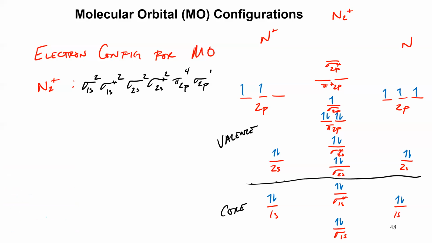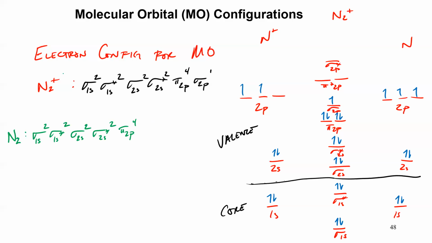Now, if I wanted to do just N2, the only thing that changes is an electron in that last orbital. And so we know there's going to be sigma 1s 2, sigma star 1s 2, sigma 2s 2, sigma star 2s 2, pi 2p 4.